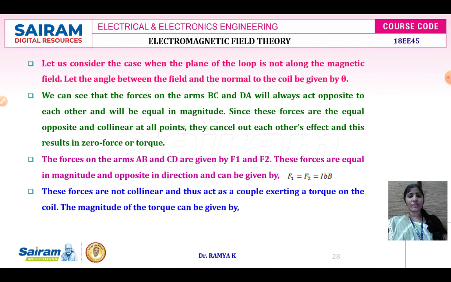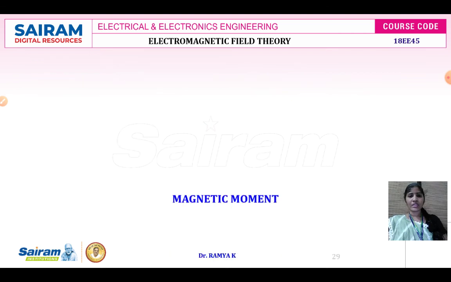When it makes an angle theta, the torque equation is going to be F1 a by 2 into sin theta plus F2 a by 2 into sin theta, where F1 is I B b, and a by 2 and sin theta are common. So in general, I will get I A B sin theta. It is the general form of the torque equation.